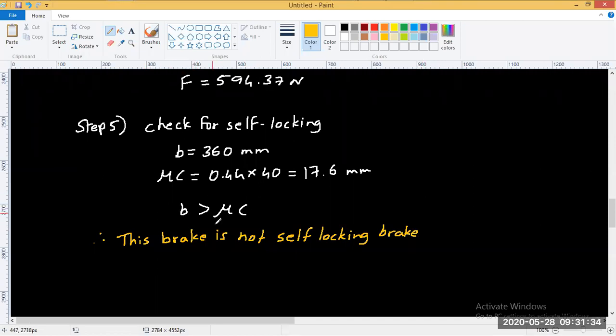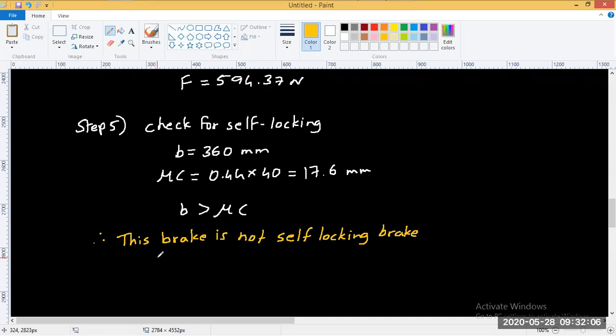In that case, mu being constant, you can send it over to the other side and find at what particular dimension this will become self-locking. In that case, b over mu will give you some number. That number will be the value of c. So you can increase the value of c so that you don't have the self-locking phenomenon appearing at all.